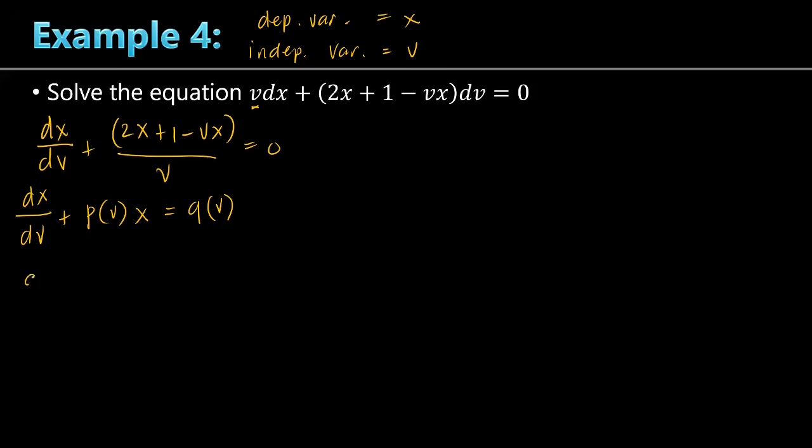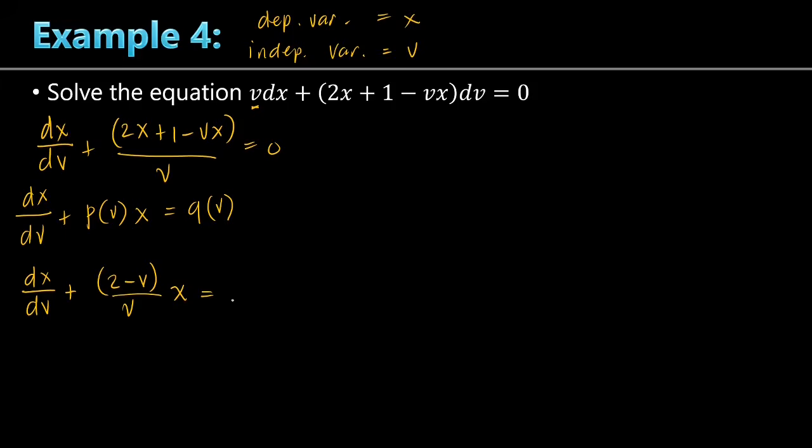Rewrite ko lang ha, dx over dv plus yung p of v times x is ito yon, 2x over v at saka negative vx over v. So, ang common factor niya is x, right? So, dapat meron tayo dyang 2 minus v over v times the dependent variable x equals yung purely in terms of the independent variable.